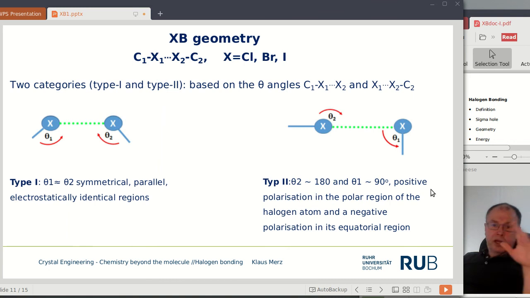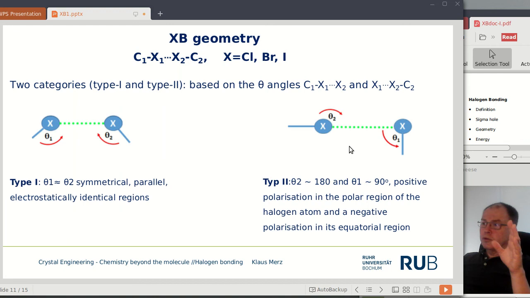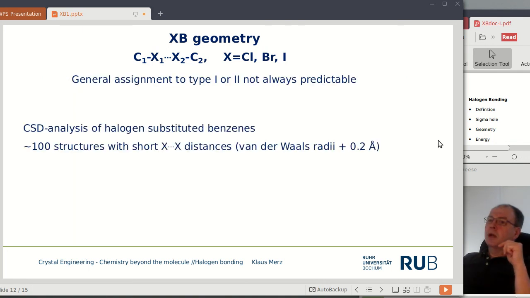On the other side, if we now look in the Cambridge Structural Database, it is not so easy to assign all structures clearly to, for example, this predicted geometry of halogen bonding. Have a look.